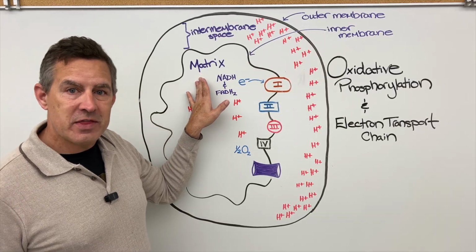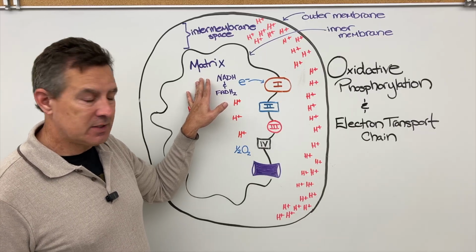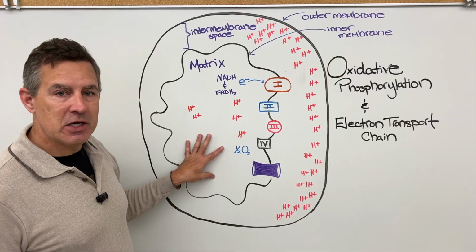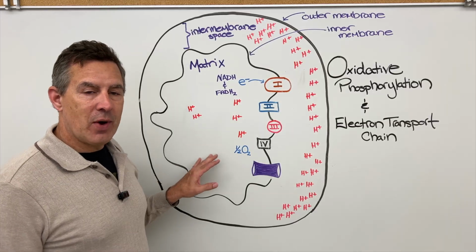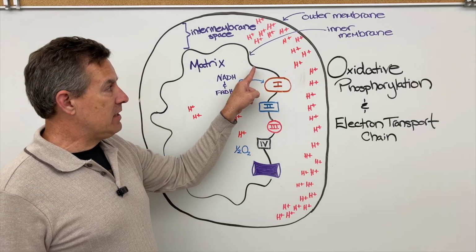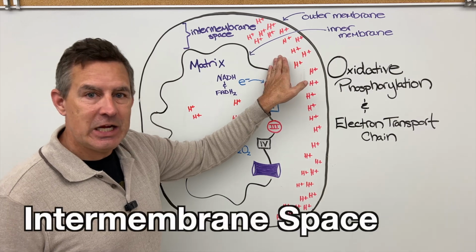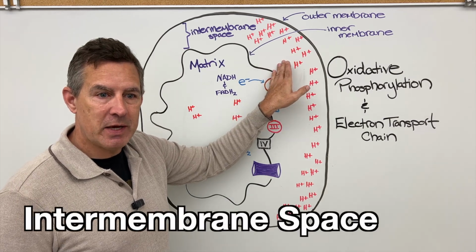Interior, or within the inner membrane, we have the mitochondrial matrix. So all the space in here that is surrounded by the inner membrane is the matrix. Between the inner membrane and the outer membrane is the intermembrane space.